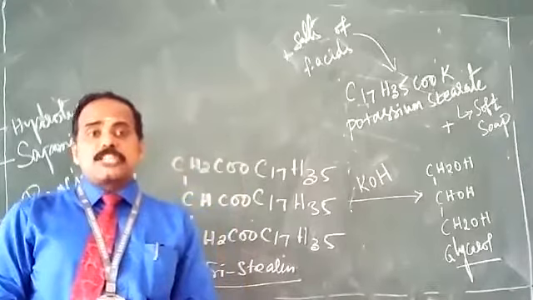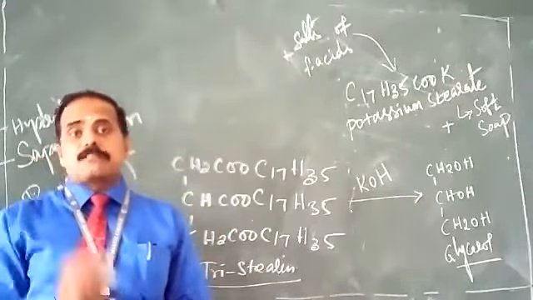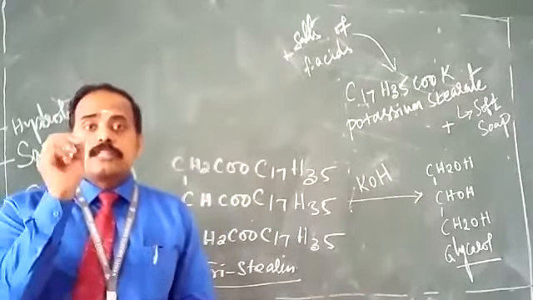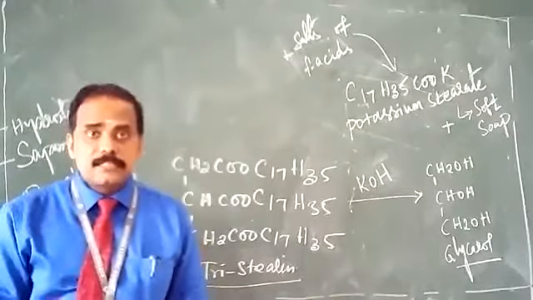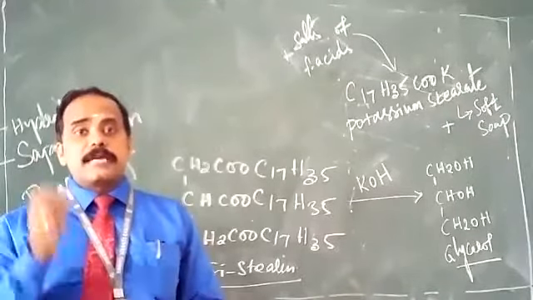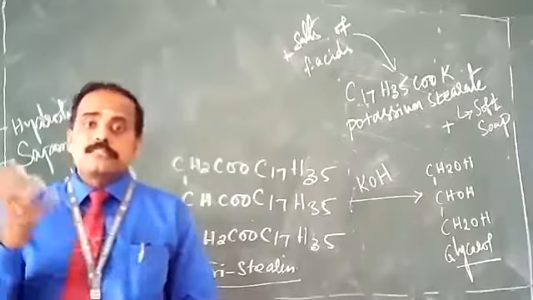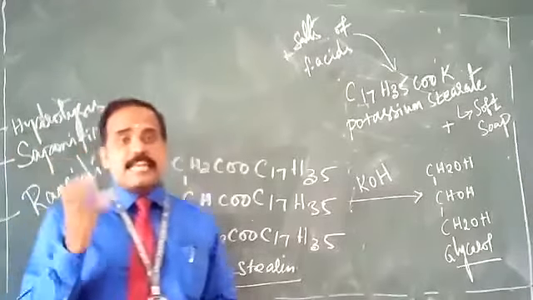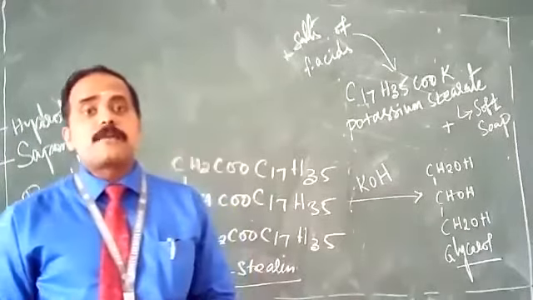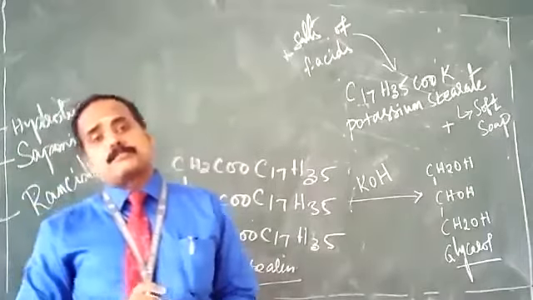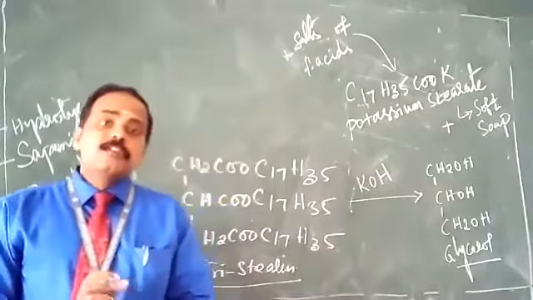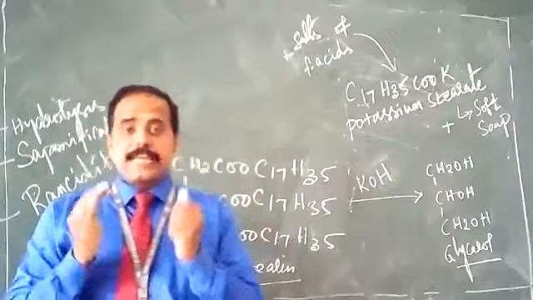So when these lipids or fats are hydrolyzed by microbial lipase, they are converted to short chain fatty acids. It results in formation of incomplete products, not complete products, so that it yields short chain fatty acids.